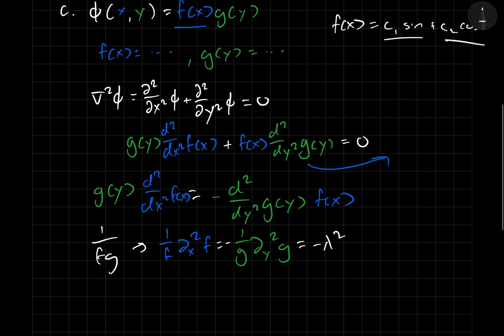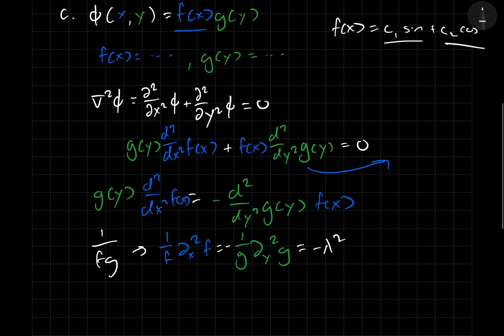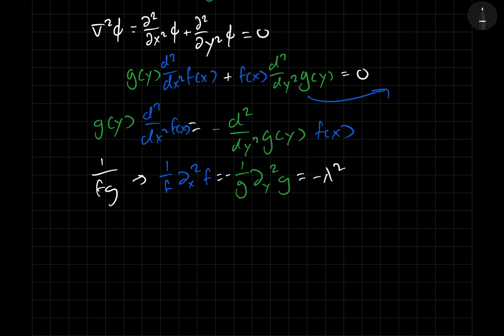And to get to why we can see this as sine and cosine, okay, now that we isolated this, let's move this back and assume that we already figured out what this lambda was. We have d squared f equals negative lambda squared of f.